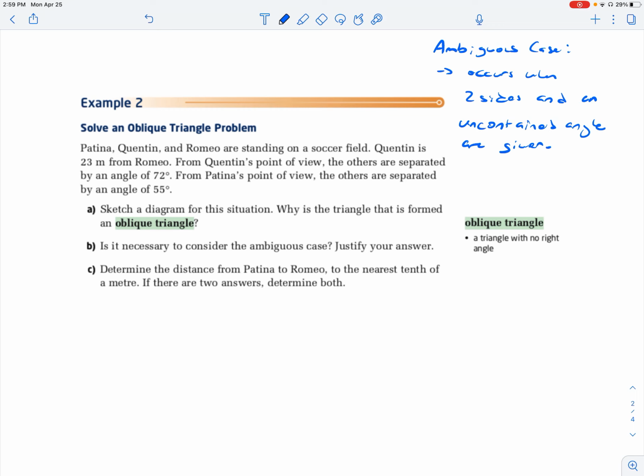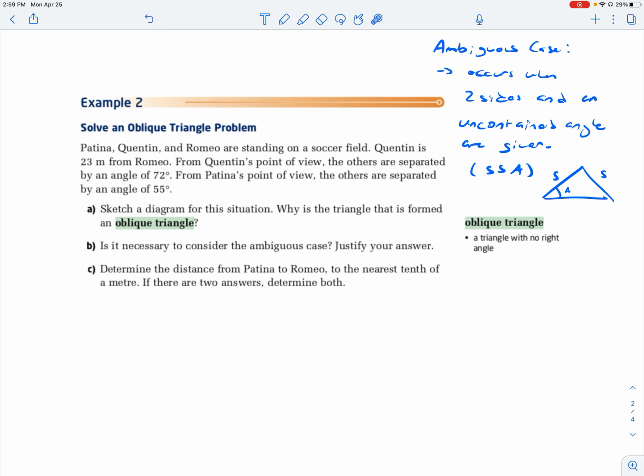In class we call this type the side-side-angle, because we're given two sides and then an angle outside of those two. It actually looks something like this. We'll be given one side, the other side, and an uncontained angle. Whenever you get that setup, you know you're going to have to check for the ambiguous case.